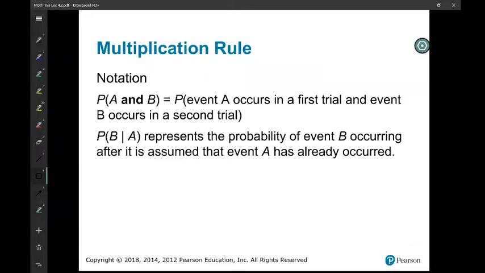Multiplication rule. So our notation, emphasis on and, probability of event A occurs in a first trial and event B occurs in a second trial.